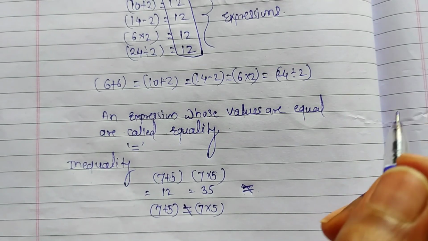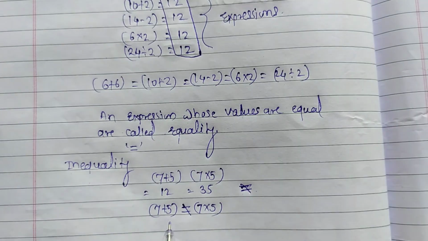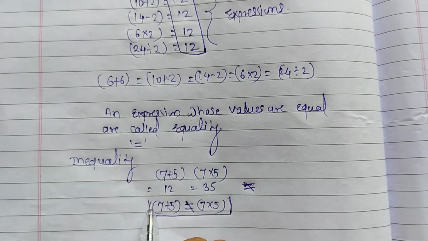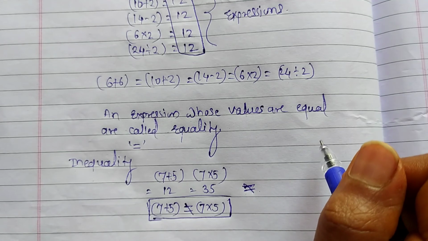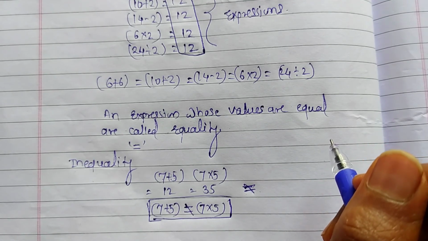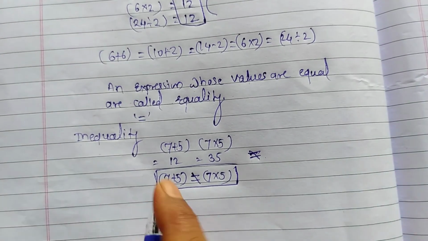To show that 7 plus 5 and 7 multiplied by 5 are not equal, we write them like this in short. This kind of representation is called an inequality. Look, another example of inequality.